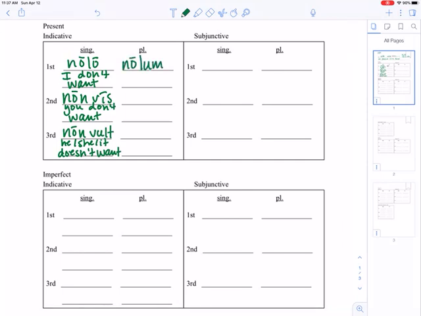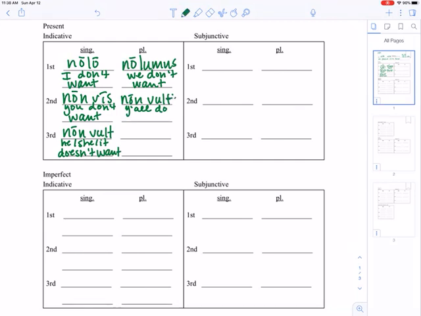On first plural, we will have nolumus, and this is we don't want. You'll have non vultis for second plural, and this is y'all don't want.